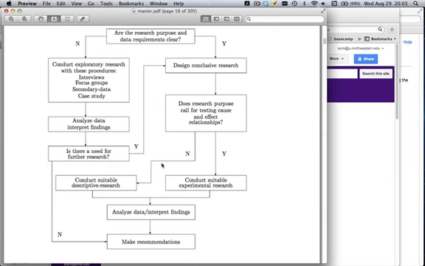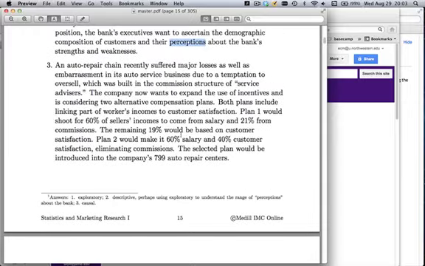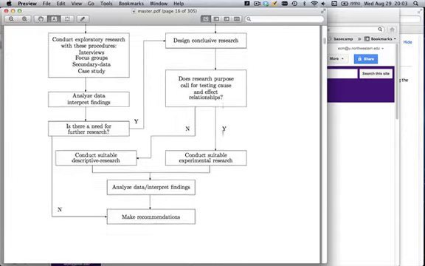So if you go back to this example where I'm measuring customer satisfaction according to two different sales compensation plans, well, measuring customer satisfaction is a descriptive task. Okay, so embedded in this causal design is a descriptive task. So these things kind of blend together.